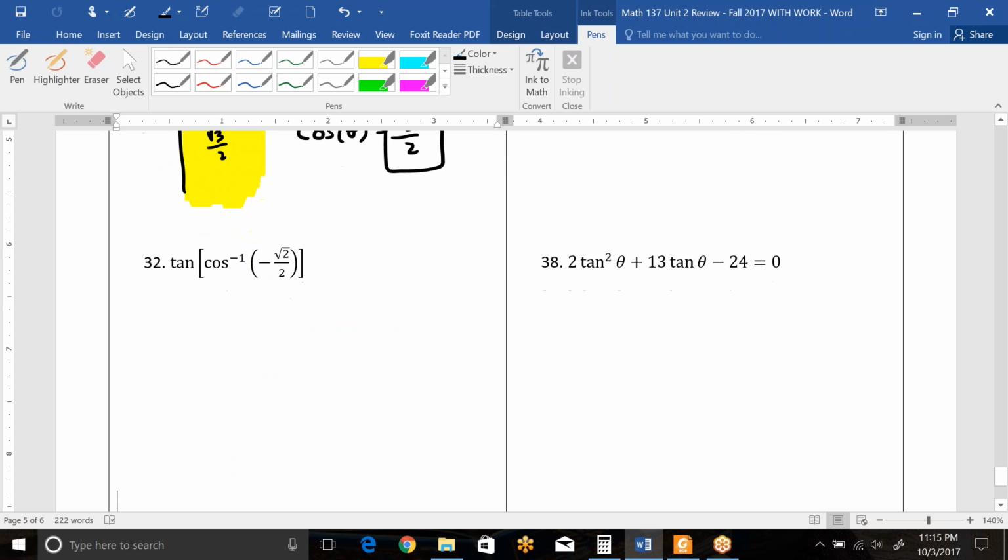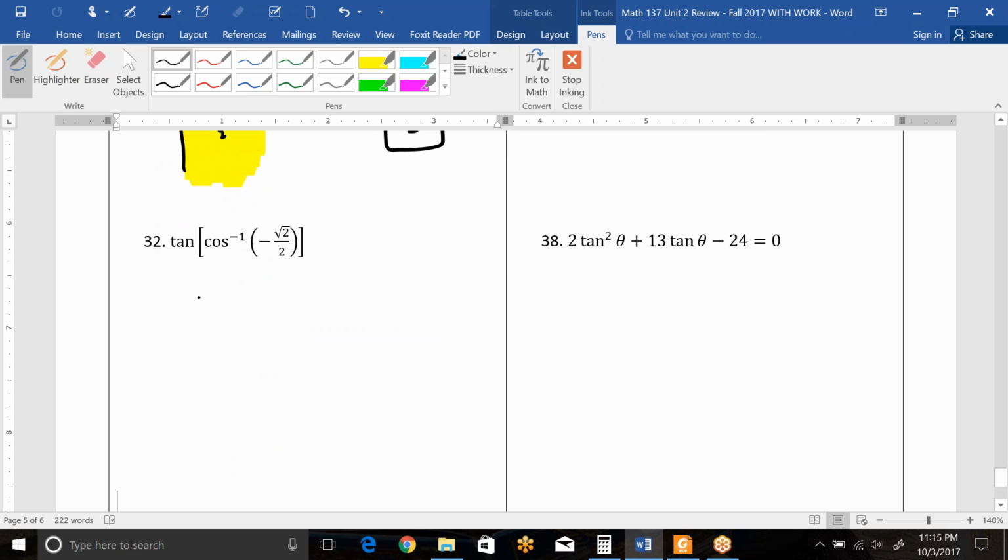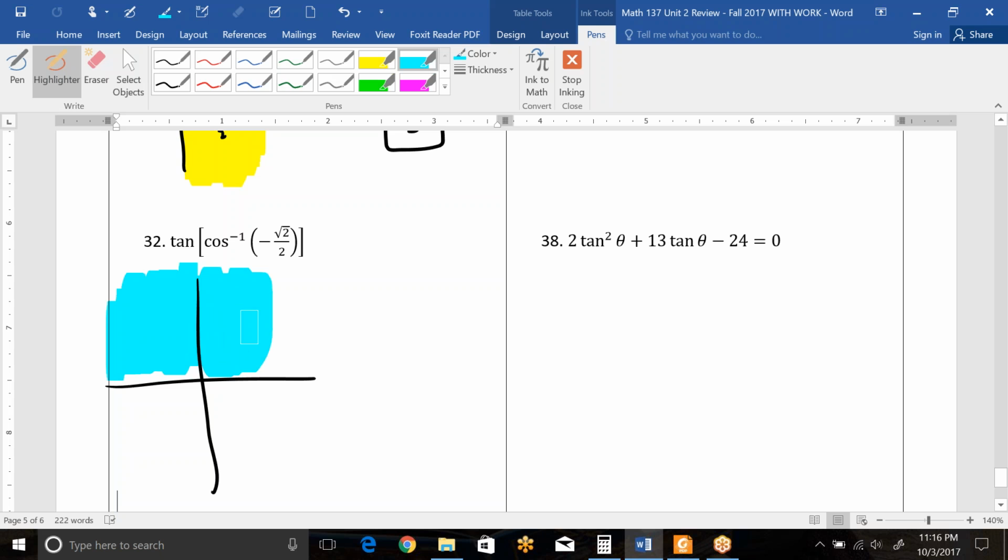And then let's look at this next one. This says tan of cosine inverse of negative square root of 2 over 2. Remember that cosine inverse is defined in quads 1 and 2, from 0 to pi. And for cosine to be negative square root of 2 over 2, that means we're over here. We have to be in quad 2.